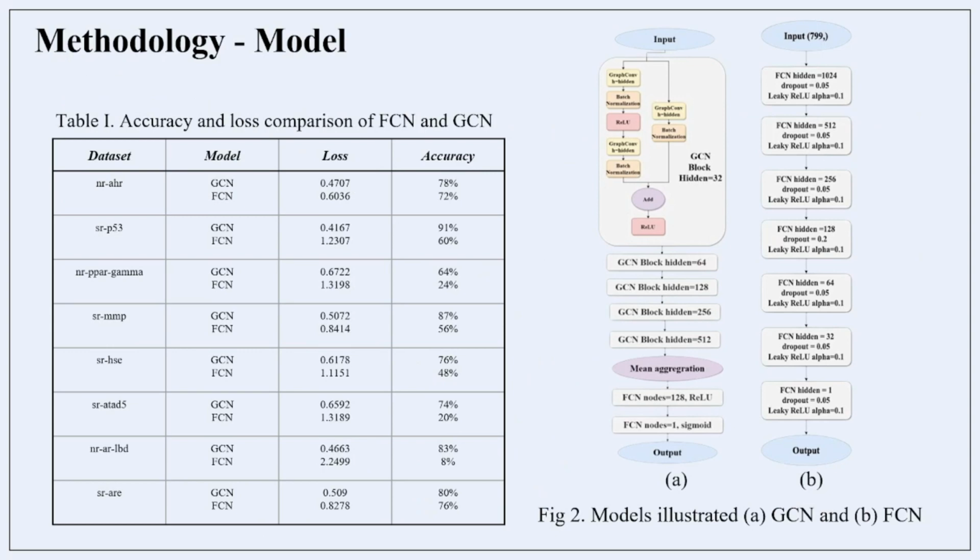Moving on to the models. As we can see in figure B, it represents the FCN model that we will be utilizing. The initial input layer is designed to accommodate a feature vector of 799.